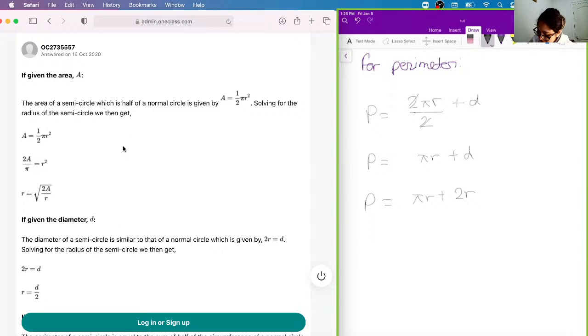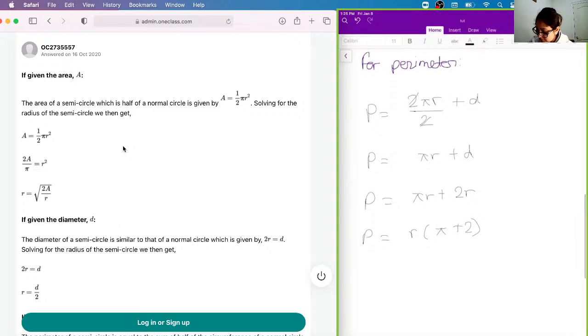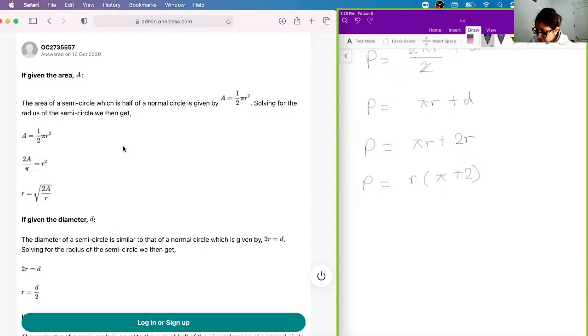And to further simplify this, we can factor this expression by factoring out an r. So you have pi plus 2. Okay, and now we can further simplify this and isolate r. We can divide each side by pi plus 2 to get rid of the pi plus 2 that is attached to r.